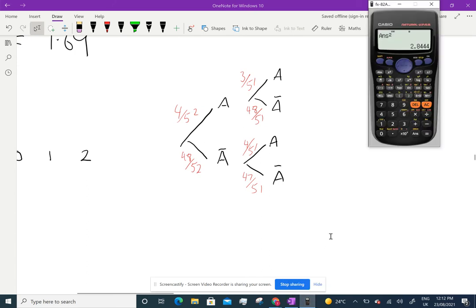And I want it as a fraction, so I'm going to do all this as a fraction. Because I'm in stat mode, I'll have to go to my setup, put it back on computation. Okay, so now 4 on 52 times 3 on 51. Oops, put in another fraction.